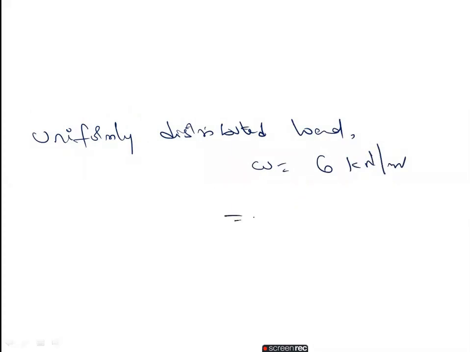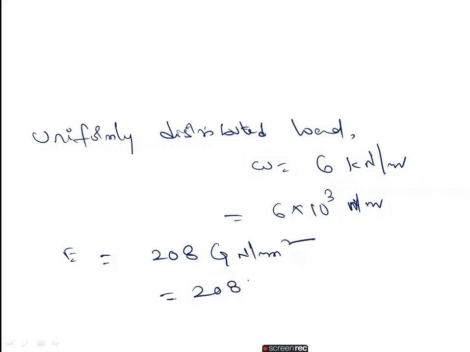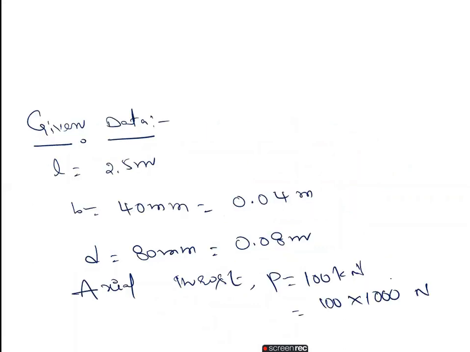If I convert into newton per meter, multiply by 10 cube newton per meter. The Young's modulus E equal to 208 giganewton per meter square. If I convert into newton per meter square, multiply by 10 power 9 newton per meter square. So this is the given data.